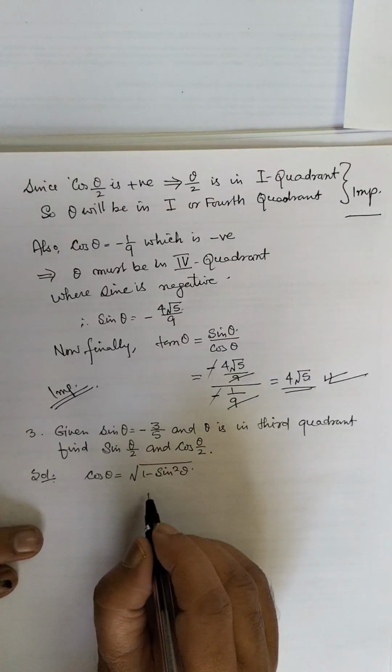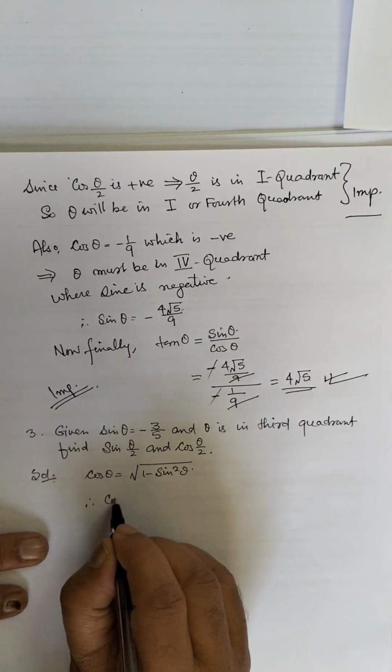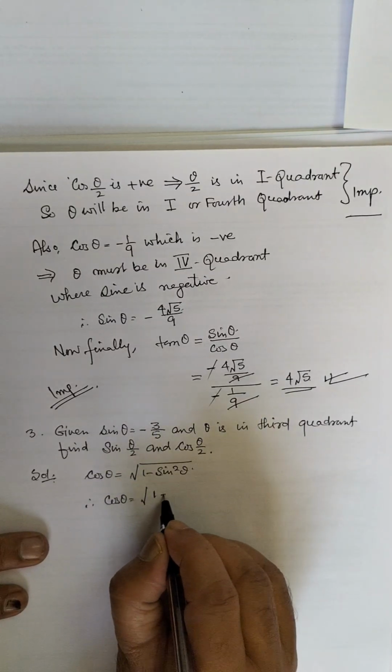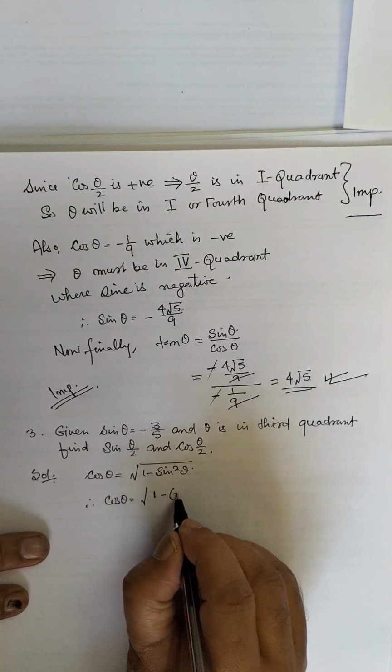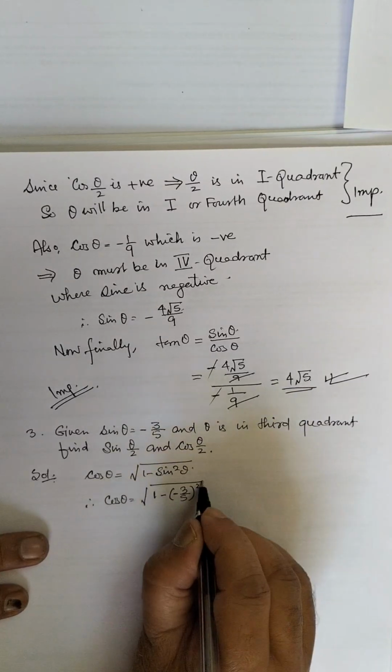So now putting those values, we will have cos theta under root of 1 minus of minus 3 by 5 square.